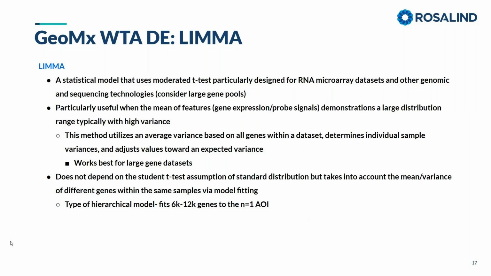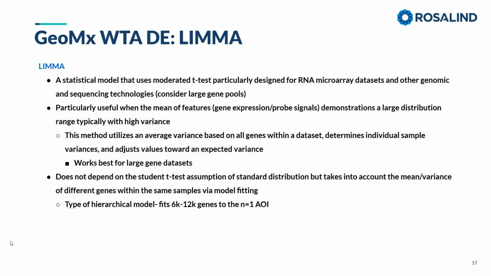So again, GeoMx WTA is similar to a microarray. It's a probe hybridization technology. So it's particularly useful if you're expecting a large distribution range, and particularly with a high variance. If you want to hear more about that, we talked a lot about the variance in this data in our last MasterClass series, talking about normalization selection.